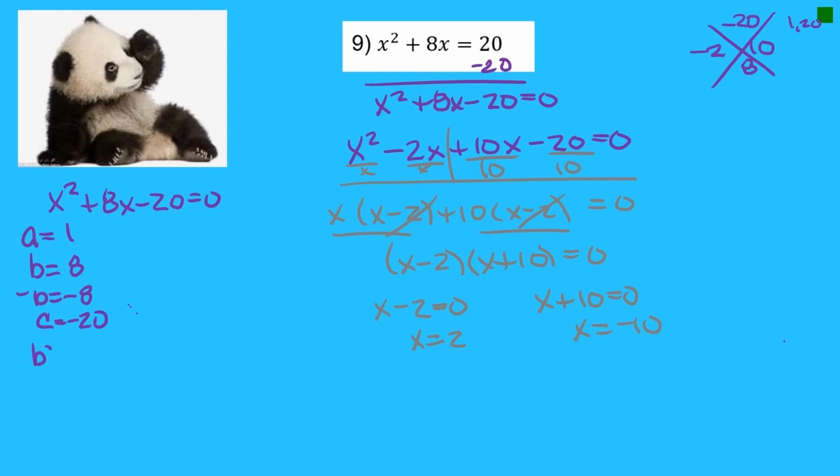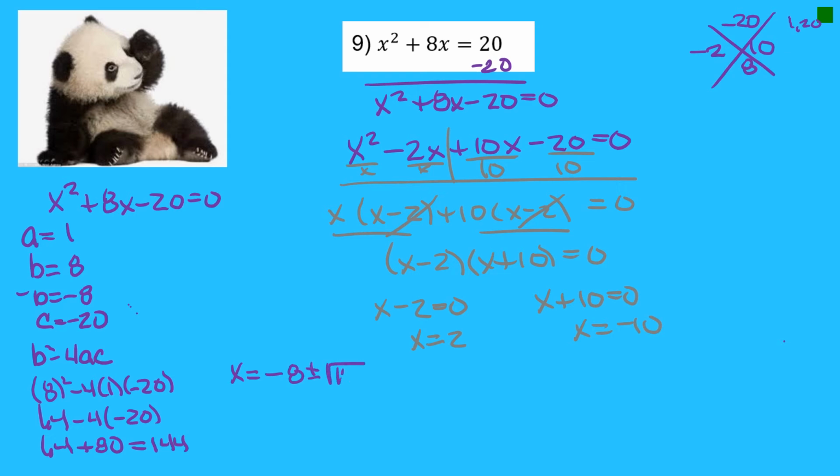So my discriminant is b squared minus 4ac, so 8 squared minus 4 times 1 times negative 20, 64 minus 4 times negative 20, 64 plus 80 is 144. That's my hint that I know it's going to factor because that's a perfect square. So x is going to equal negative 8 plus or minus the square root of 144, all divided by 2 times 1.